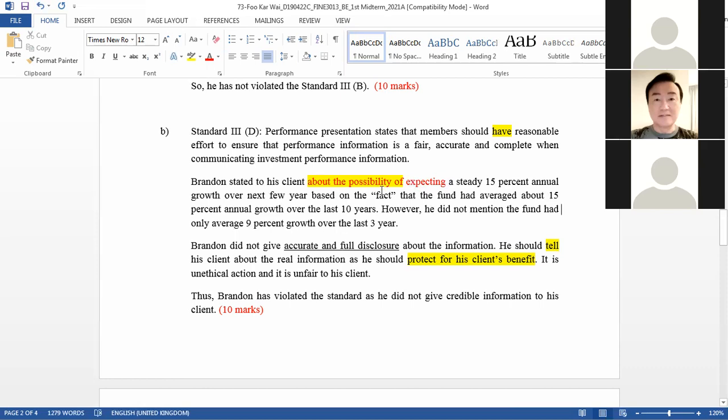Okay, so Brandon did not give accurate and full disclosure. Yeah, okay, that's why I underline it. And he should tell, right? It's not tell. He should inform his clients, plural, as he should protect his clients.